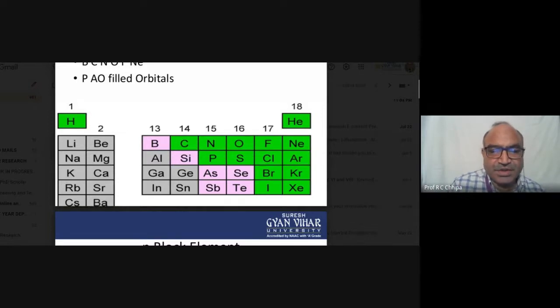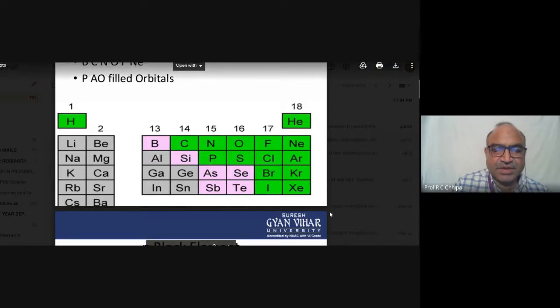Selenium and arsenic, one more is antimony or tin, and tellurium exhibit toxicity in different compounds.